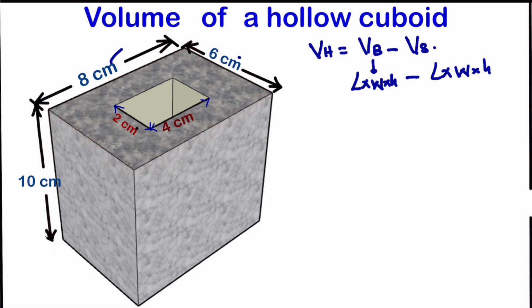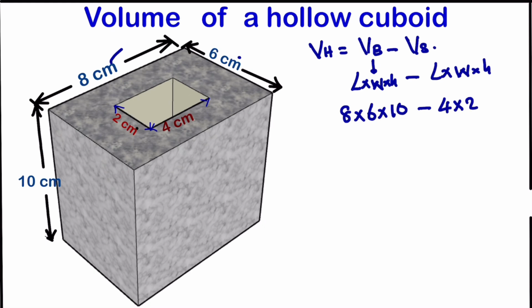We are going to have 8 times 6 times 10 minus the internal cuboid, the one that will be subtracted, or the one that is in the form of a hole. We are going to have length times width times height, which is 4 times 2.